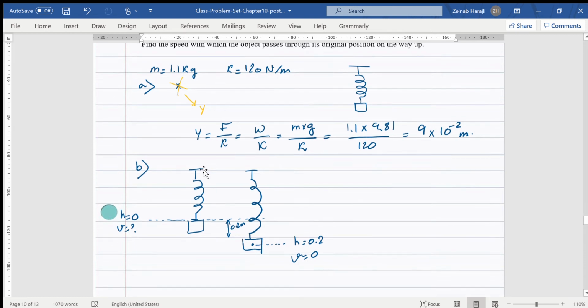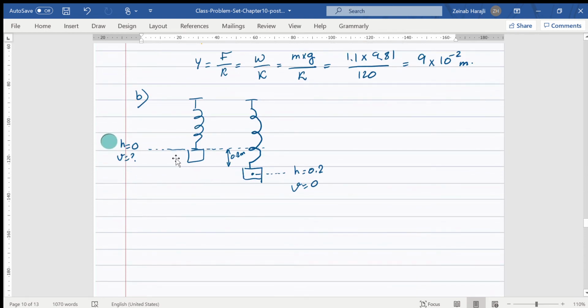So what we can do is study the conservation of mechanical energy. We know that at the point of release, the potential energy is equal to mgh, the kinetic energy is 0, and the elastic energy is going to be half k y squared.